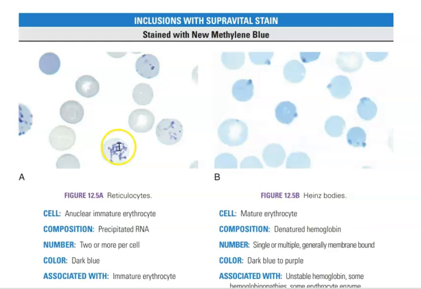And that's what these specks or stringy looking stuff is inside the reticulocytes, is the RNA. I think we talked about it before, but you have to use a supravital stain in order to see the remnants of the RNA in the reticulocytes. Okay, so that's what you're looking at in figure A.